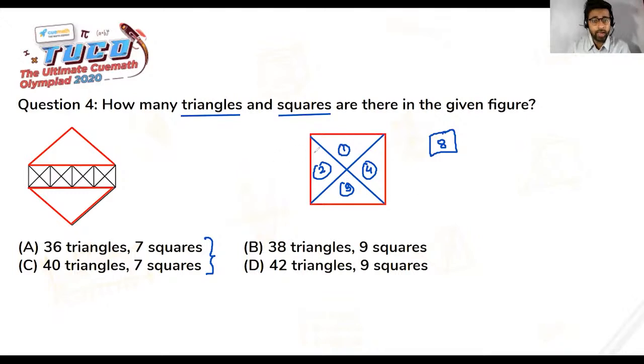If I get 8 triangles from a given square, since there are 4 squares, will I get a total of 32 squares? Sorry, 32 triangles added with the 2 red triangles, which gives me a total of 34. But those aren't matching the options. It means that there are more triangles that are left to be found out.